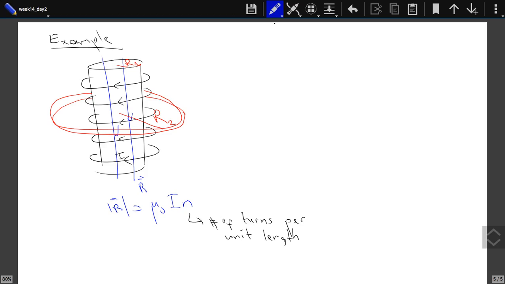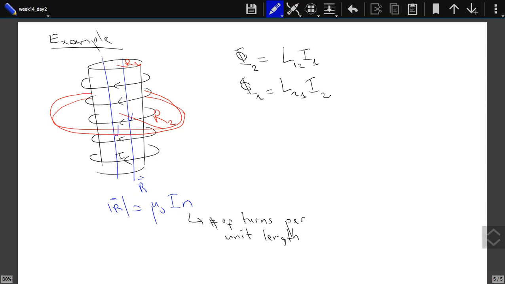Well, to calculate the mutual inductance, we have to calculate the flux going through one of them when we send the current through the other one. Let's say phi 1 is equal to L21 I2. Whichever one you like.